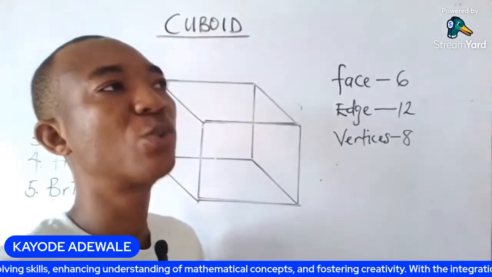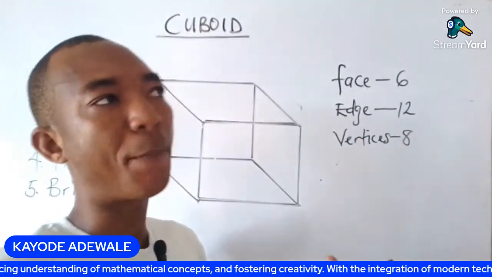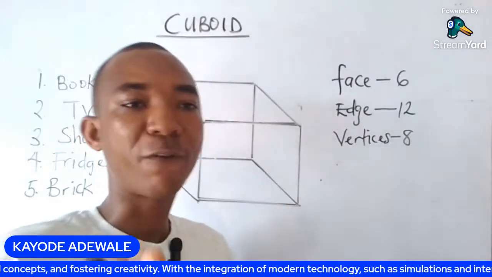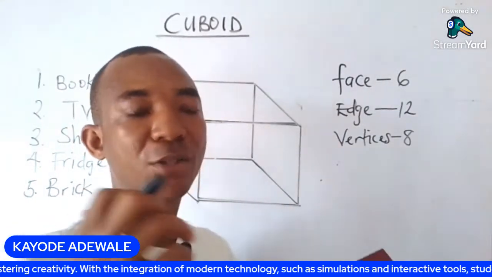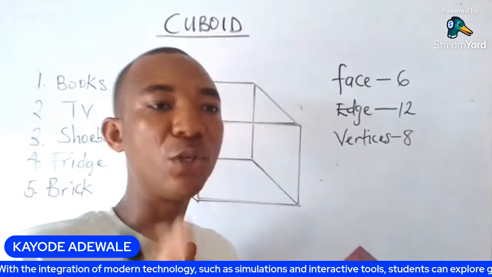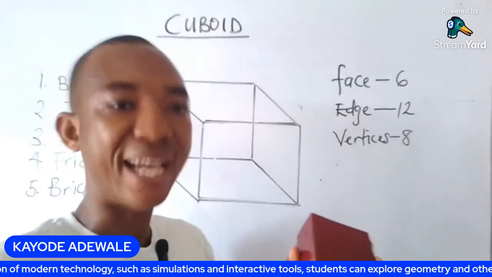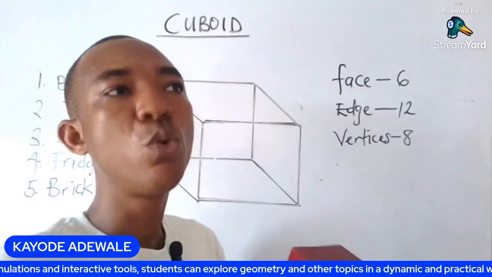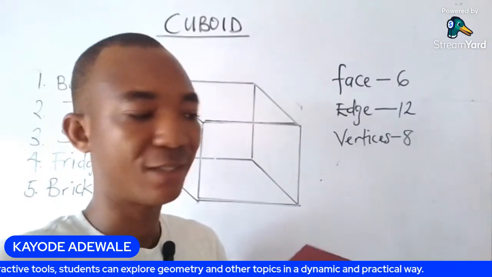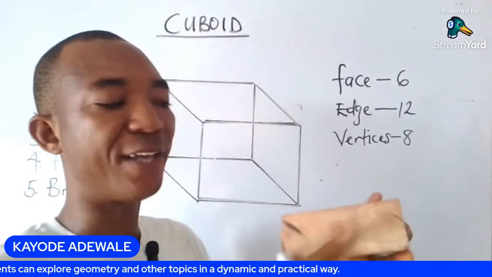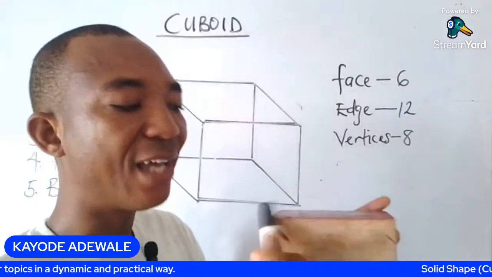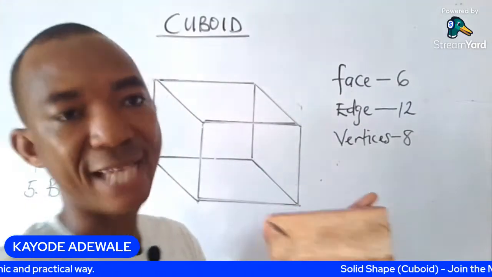Okay, let's move on to edge. Don't forget, in our past video where we looked at cuboid, we defined it. If you are joining us for the first time, you can go back and check our videos on cuboid. An edge is a place where 2 faces meet. For instance, this is a face here. This is also another face. Where they meet here is what we call the edge.